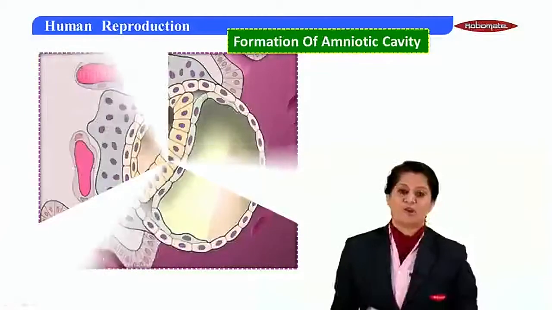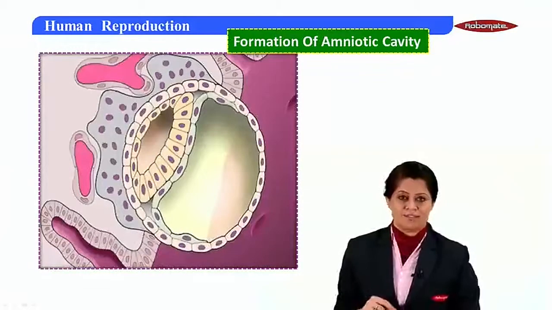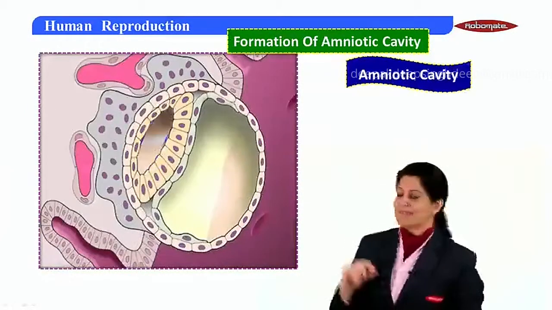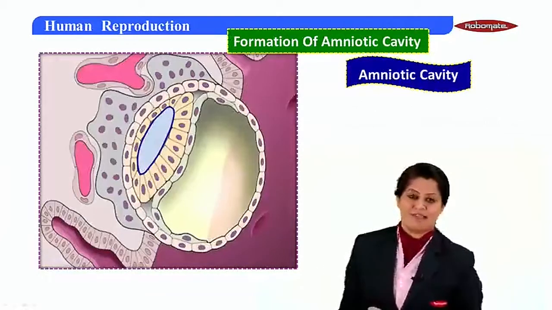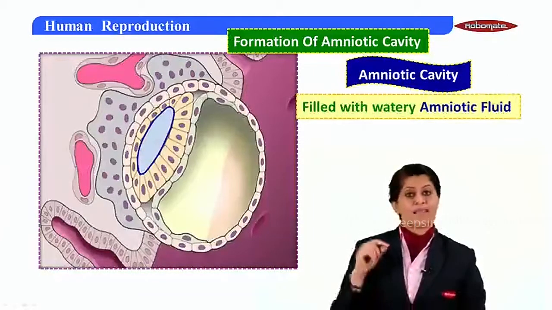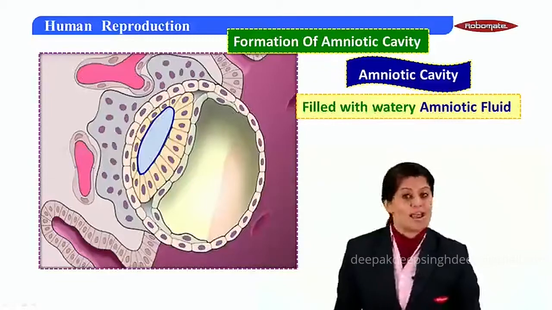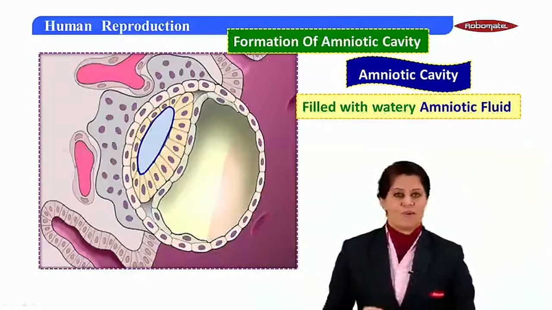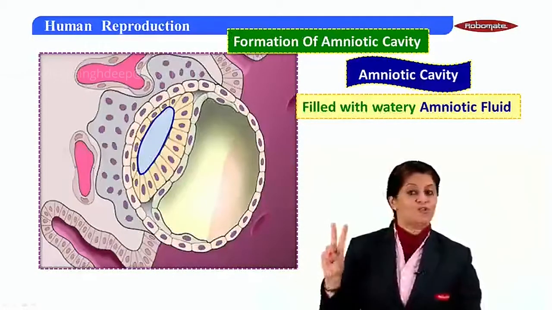Now when we talk about the amniotic cavity, students, let's see. That is the amniotic cavity we are talking about. It's filled with the fluid called amniotic fluid, produced by two structures.